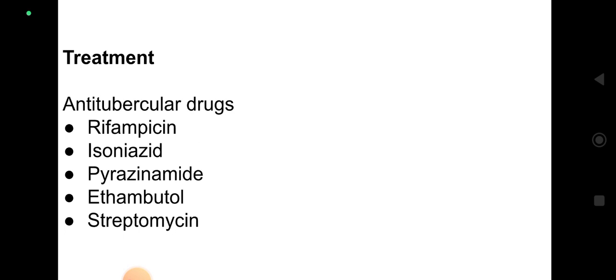In the treatment of tuberculosis, a program known as DOTS is initiated by India. The anti-tubercular drugs used are rifampicin, isoniazid, pyrazinamide, ethambutol, and streptomycin.